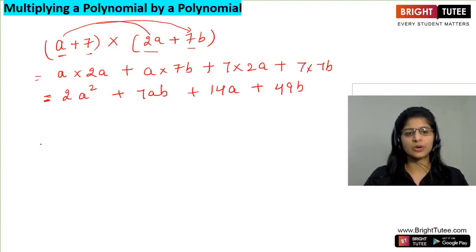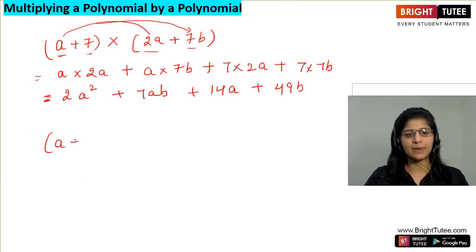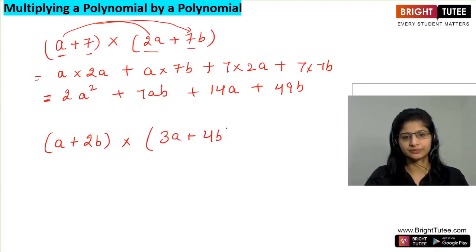Now let us take a different example, since we already took a plus 7. If I take a plus 2b, that is to be multiplied with 3a plus 4b.